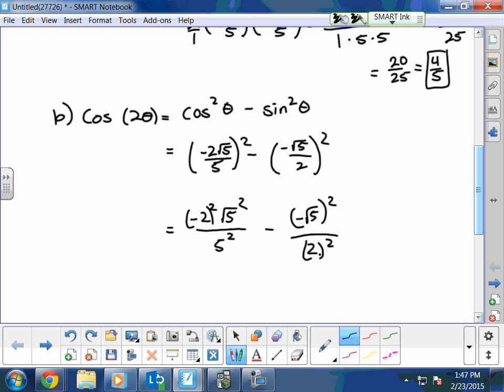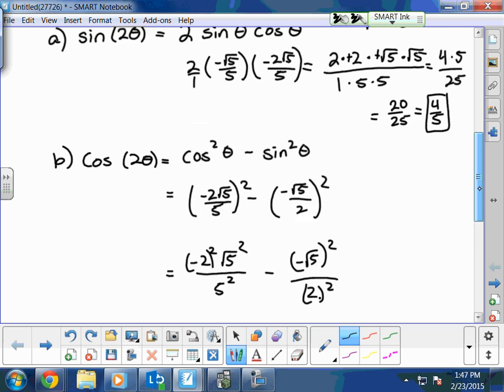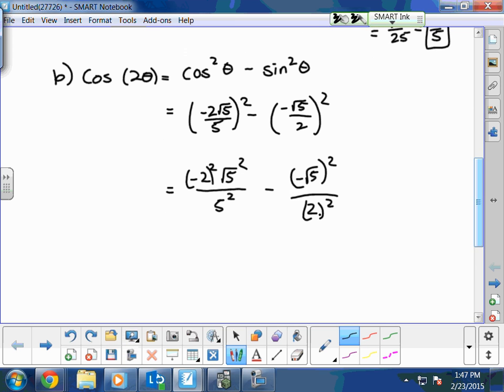Hold on. Oh, I wrote something down wrong. Do y'all notice that? I wrote this one wrong, because this is really 5. Okay. Which means that's 5 squared. Now, what is my end result?